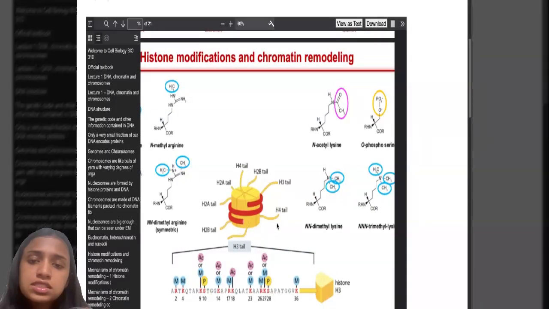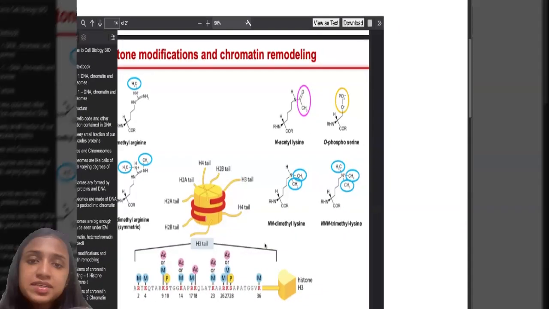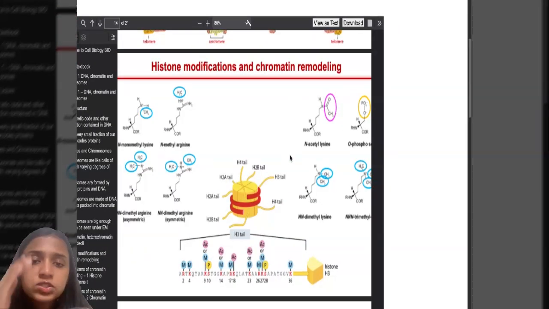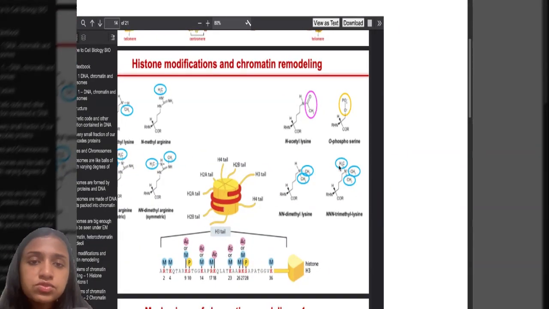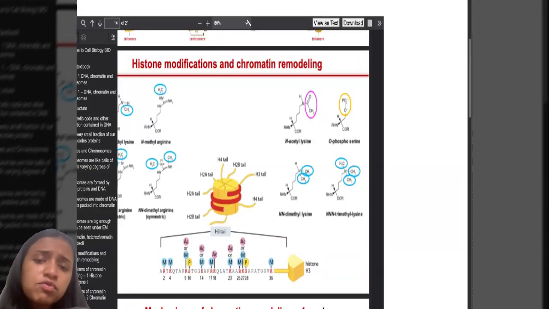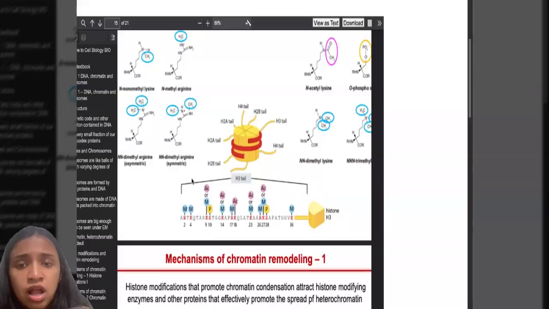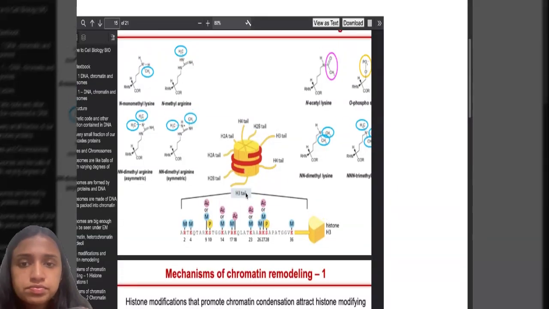Now all these details: N-acetyllysine, O-phosphoserine, and N-dimethyl lysine, and N-trimethyl lysine, and these are all, I believe, helping form our histone here, right? All these different little tails. This whole thing is just the H3 histone.